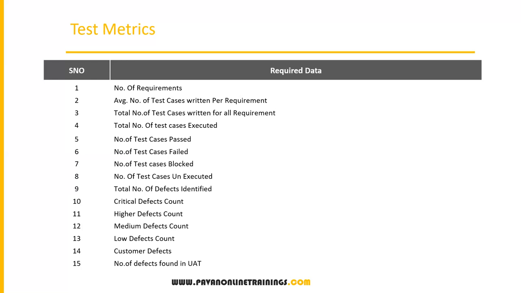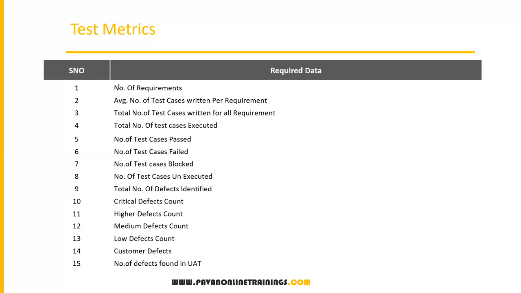Now here I have listed some items, but these are not the metrics list. This is the required data we have to collect before writing the metrics. So what is the data we have to collect?